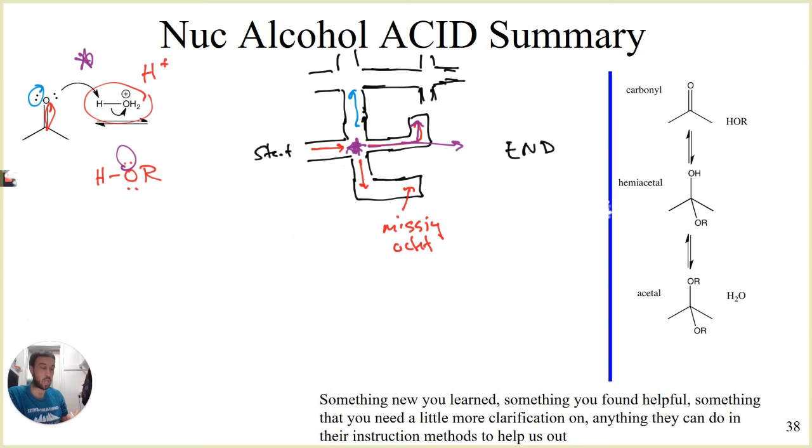So telling students to post something new that they learned, something you found helpful, something you need more clarification on, anything you can do in the instruction methods to help out. That is, I literally asked you to do that. And I'm not saying that as a, why didn't you see what I said? Because I didn't use those words, but that's what I've asked you to do. Post to the discussion board your questions, your thoughts, your concerns.